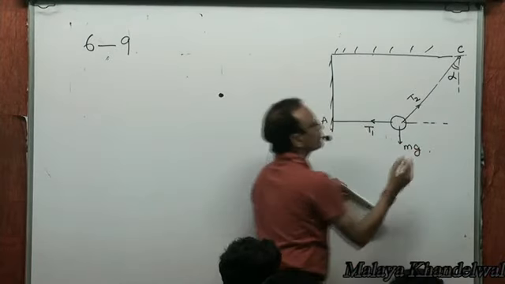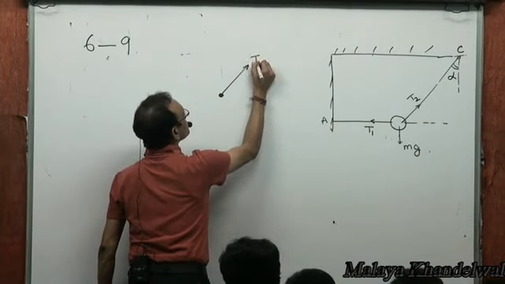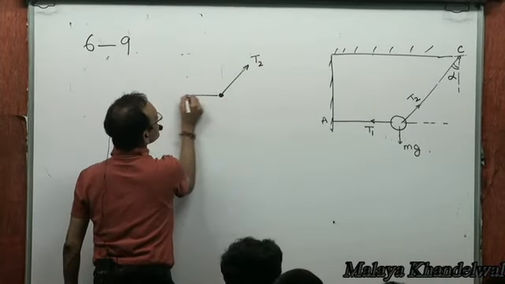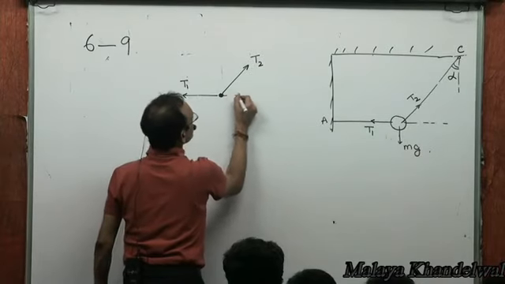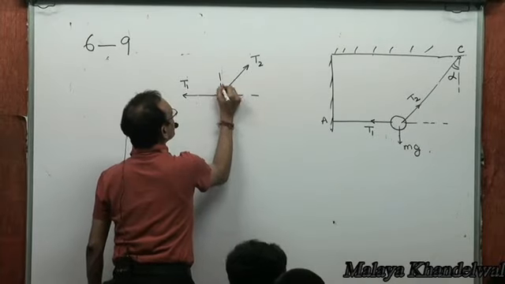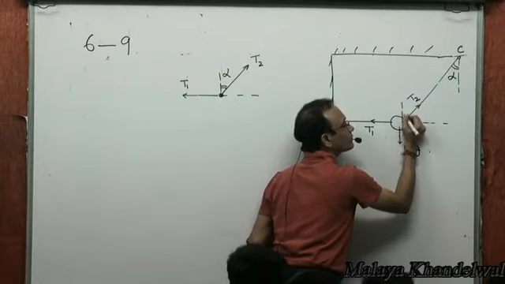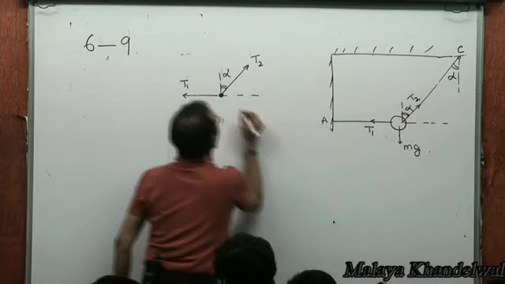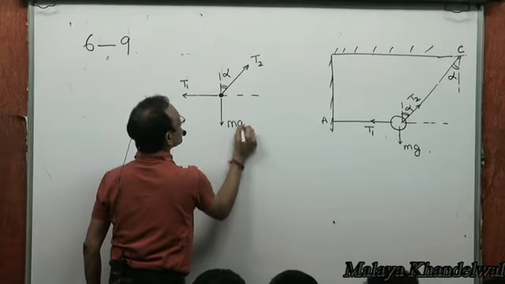Yes or no? T2 makes an angle alpha with the vertical, and then there is mg downwards like this, right?